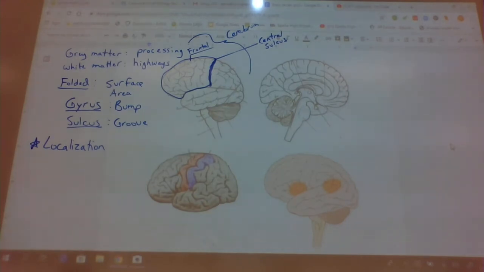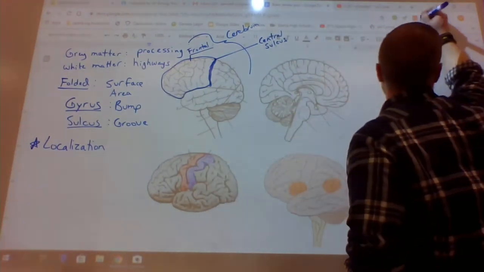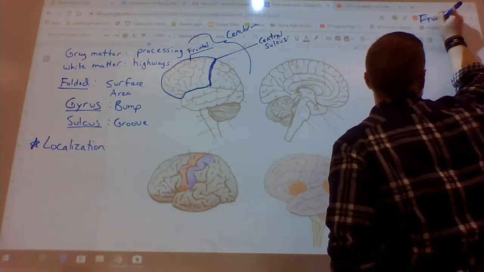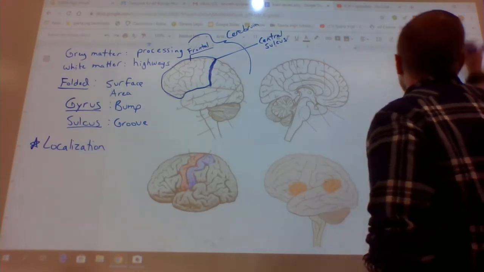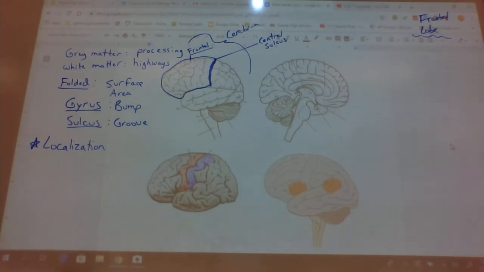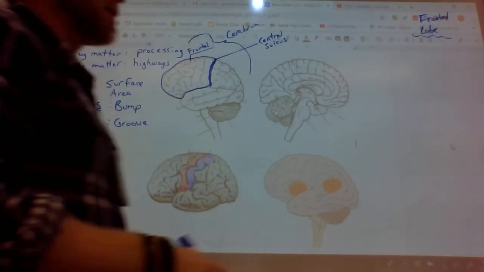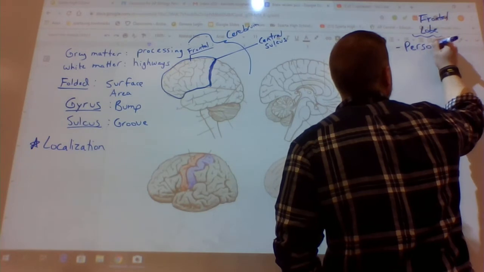So the frontal lobe performs a lot of different functions. So I just kind of want to make a list on the right here. We said the frontal lobe performs all of the really important functions that make us human, that make us who we are. Things like our personality.